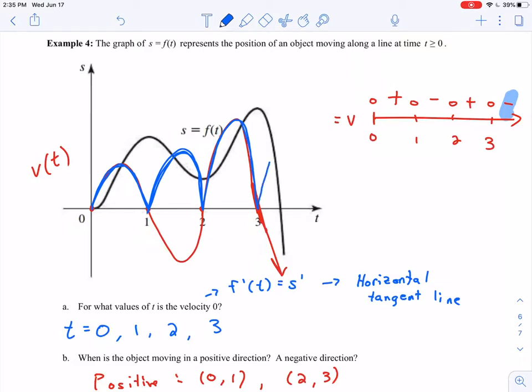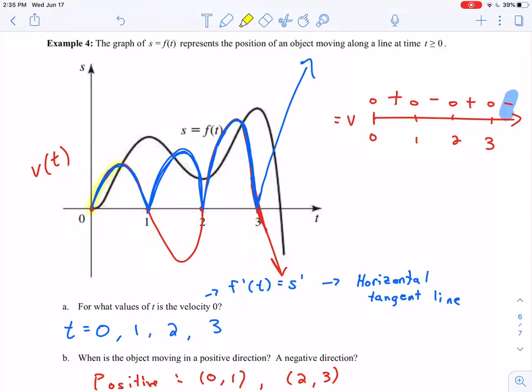And then after that, looks something like this, perhaps. So where's the speed increasing, right? So where's the speed moving away from the t-axis, or the x-axis? So let's see, where are we moving away from the t-axis?